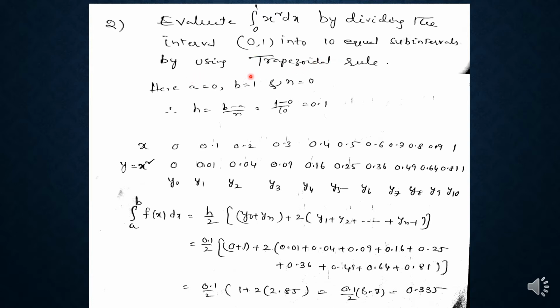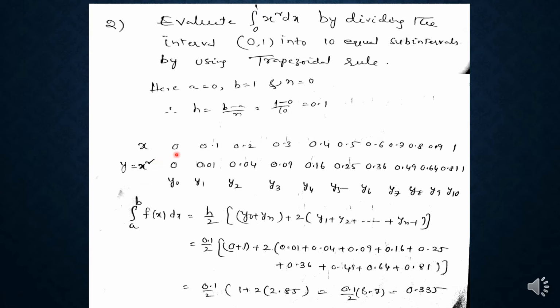By using trapezoidal rule, here a is equal to 0, lower limit, b is equal to 1 and n is equal to 10. So that is h is equal to b minus a by n, that is 1 minus 0 by 10, that is equal to 0.1. Here x starts from 0, the lower limit to upper limit, with the difference of 0.1.